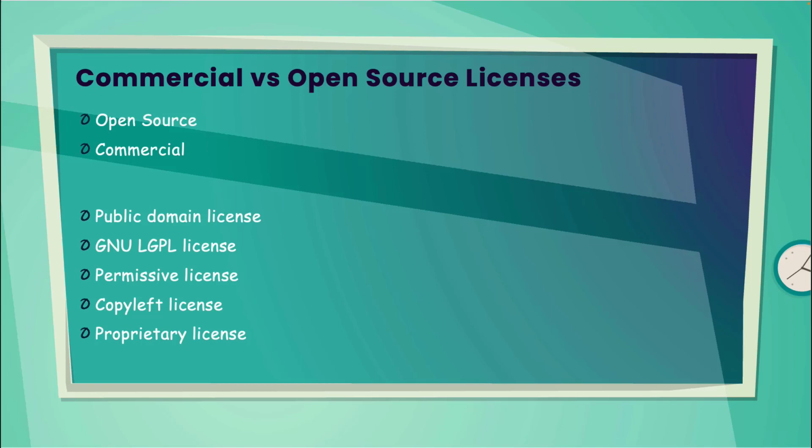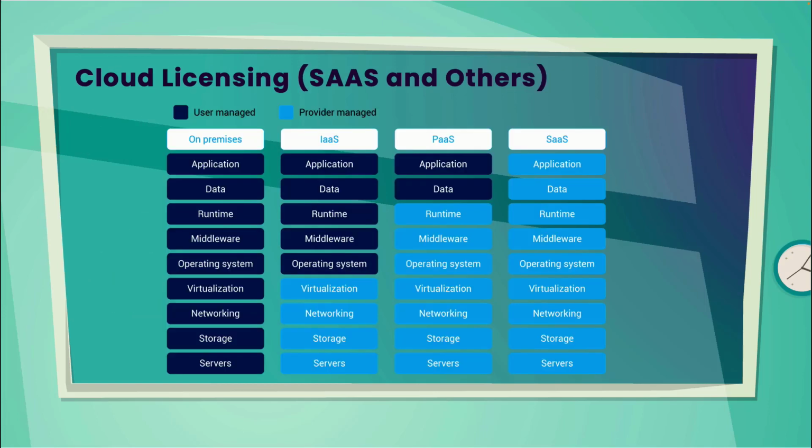The copyleft license is a type of open source software that allows for specific types of reuse and modification. If you modify the code, then your version must be released under a copyleft license. And the last one is proprietary license, which is the only type of software that is not open source and it requires a fee.